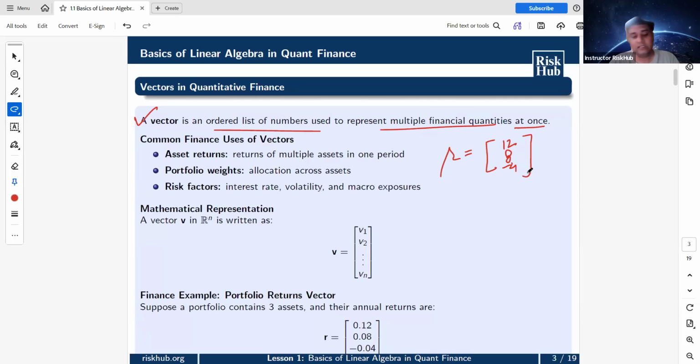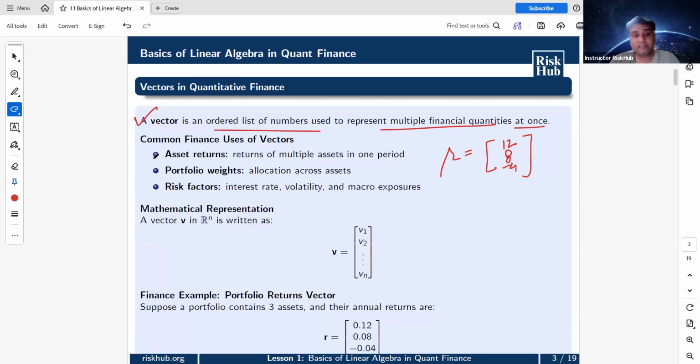What does it mean? It means asset 1 return is 12%, asset 2 return is 8%, asset 3 return is minus 4%. Very simple, very straightforward. A very important point here is that order matters. If asset 1 is Reliance, asset 2 is HDFC, asset 3 is Infosys, then every model must preserve that order.